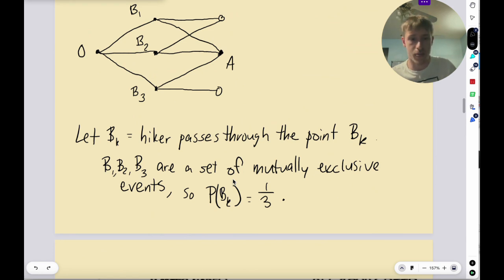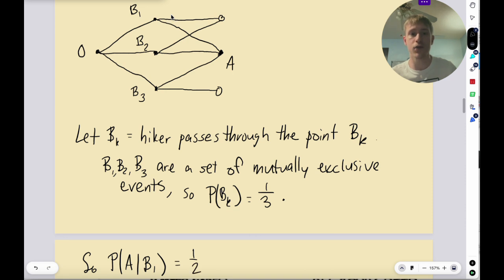Okay, so we have the probability of A given B sub 1, for example. Well, let's just see. If B sub 1 happens, then the hiker is right here. And then what's the probability of getting to A, given that that has just occurred? Well, hopefully you say 1/2, right? There are 2 roads, one going to A, one not going to A, so that's pretty easy. It's 1/2.